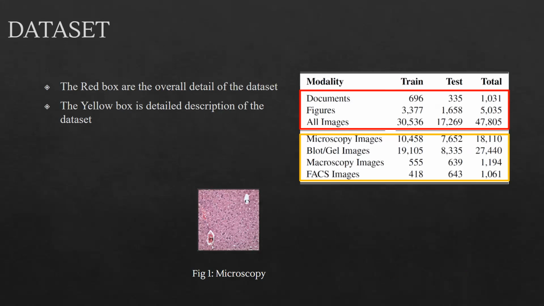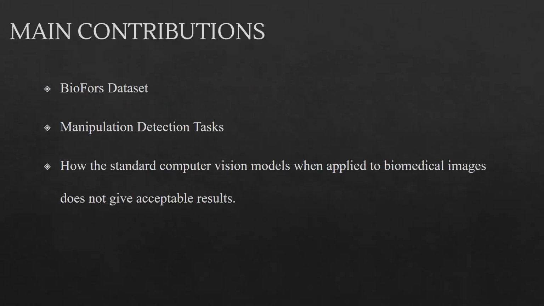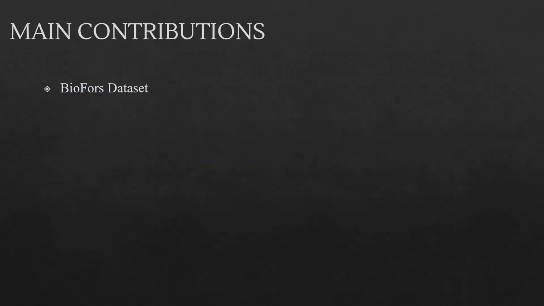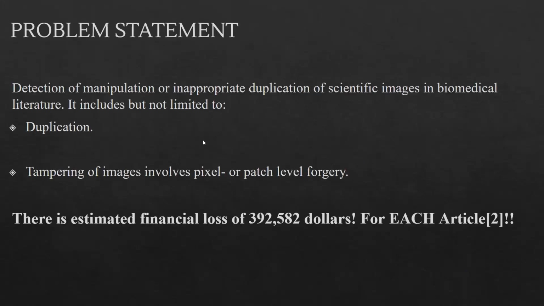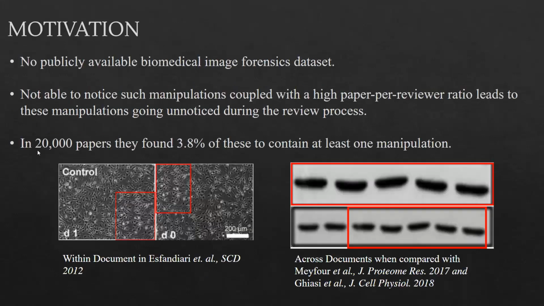Yes, actually, if we take a deep look, in these 20,000 papers they found that at least 3.8% contain one manipulation, and that manipulation actually costs a lot to the publication, the ones who publish those papers.